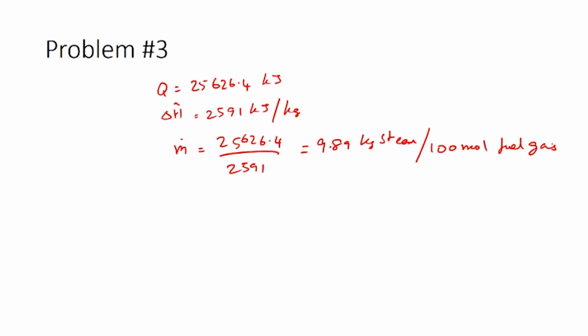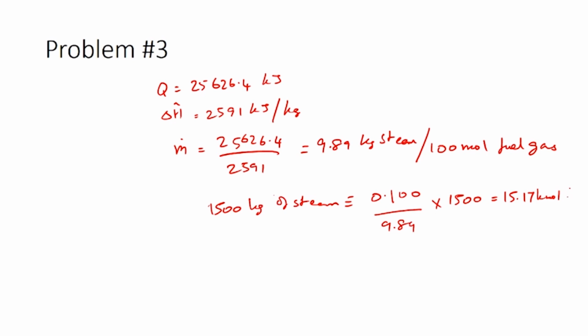So, to calculate the amount of fuel gas which needs to be burnt to produce 1500 kilograms of steam, we just perform a simple calculation: 0.1, the number of kilomoles of fuel gas burnt, divided by 9.89, times 1500, giving us 15.17 kilomoles per hour.